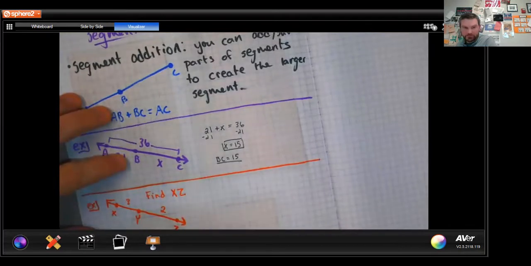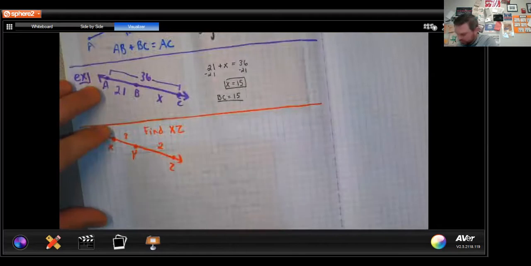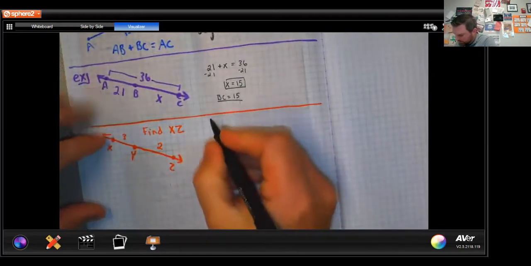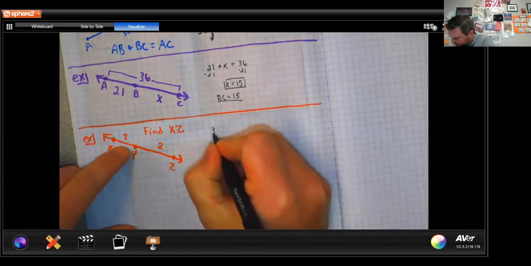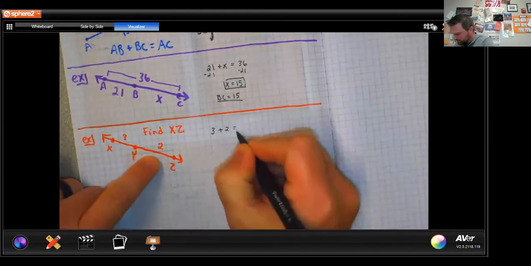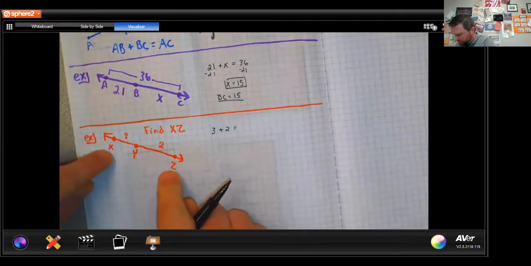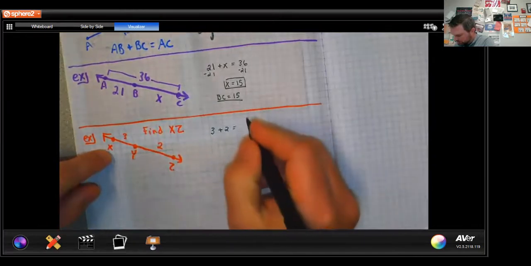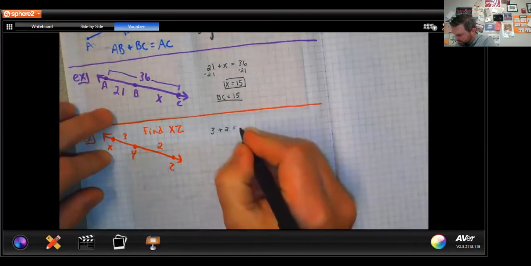What is that long segment? So I just set up my equation. I got this little part, which is 3, plus the other little part, which is 2, and that will equal the whole thing, which we'll just call F. It doesn't matter.